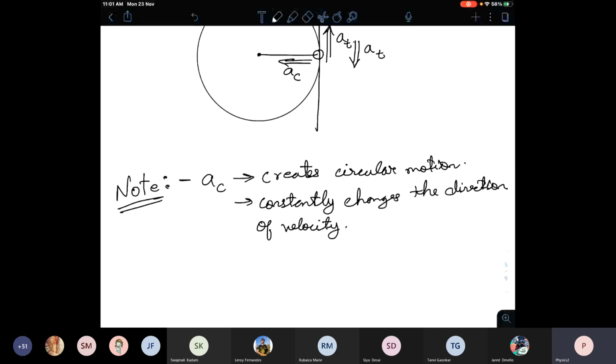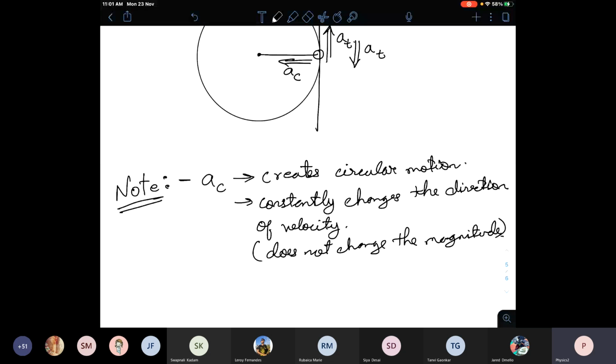You can write in brackets, it does not change the magnitude. It does not change the magnitude of the velocity, but it changes the direction of velocity constantly. So that is why a circular motion is created.